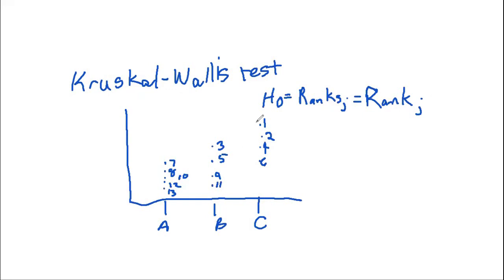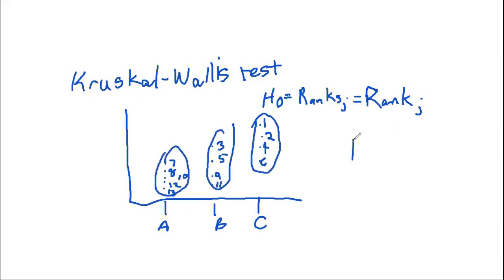So what it will do is it will add up the ranks and compare the sums of these ranks. And you can imagine if there was no effect, these ranks would be much more balanced. So these have many more smaller ranks, and these have the higher ranks, the larger numbers.